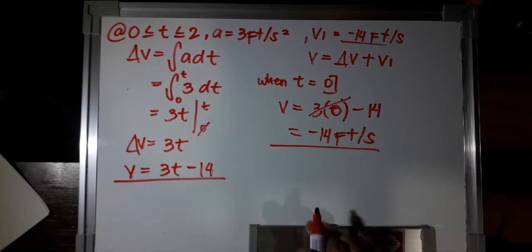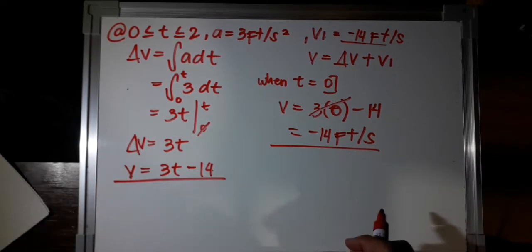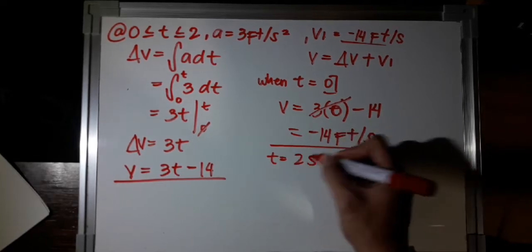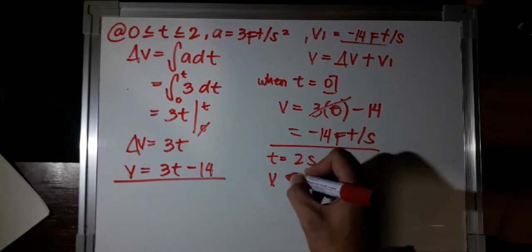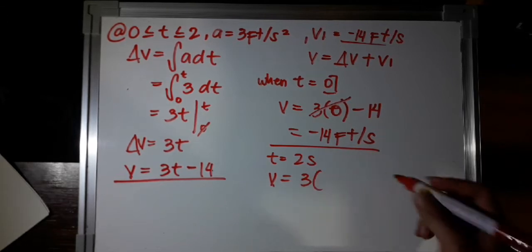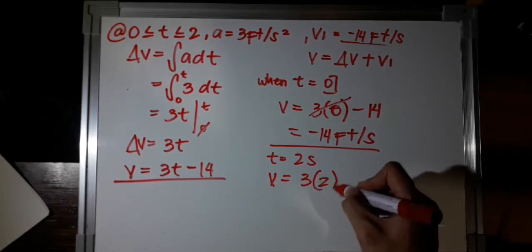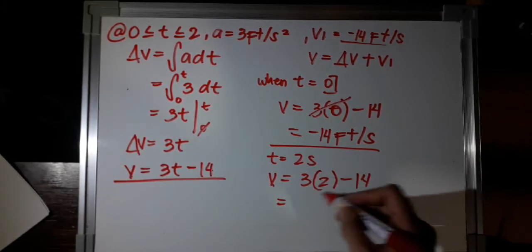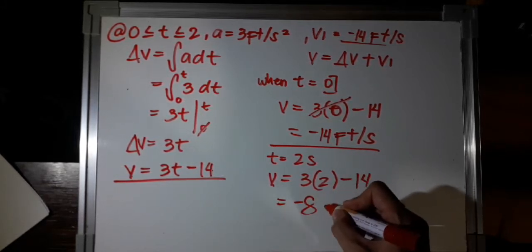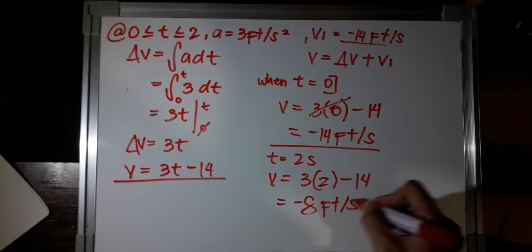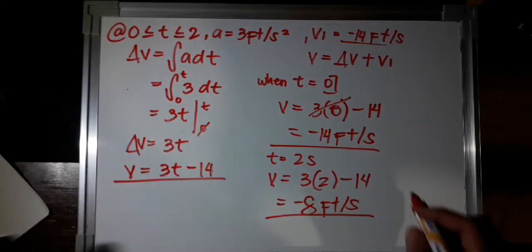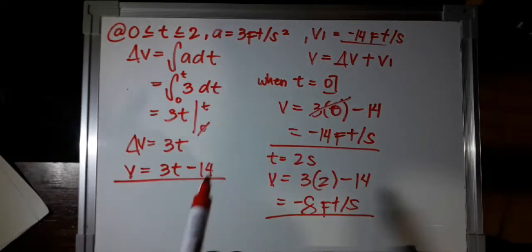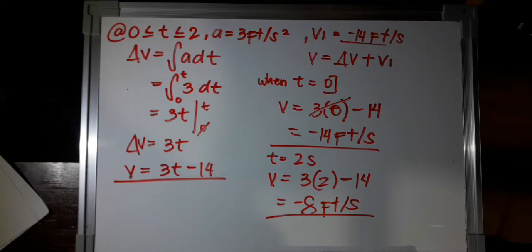This is our first value for velocity. When time is equal to 2 seconds, velocity is equal to 3 multiplied by 2, minus 14. 3 times 2 is 6, 6 minus 14, we have negative 8 feet per second. So these are the values of velocity in the 0 to 2 time.